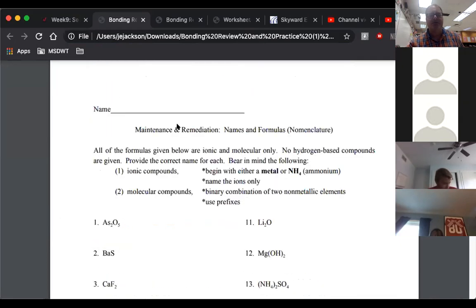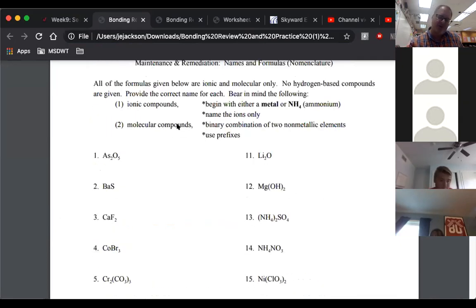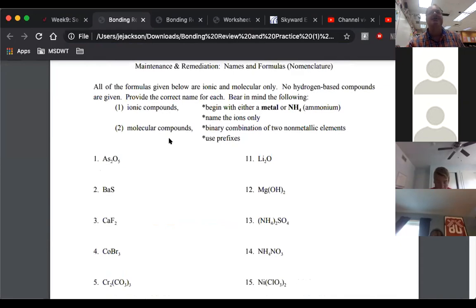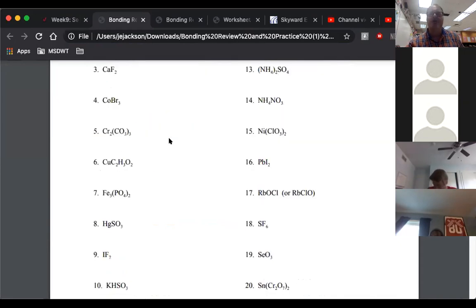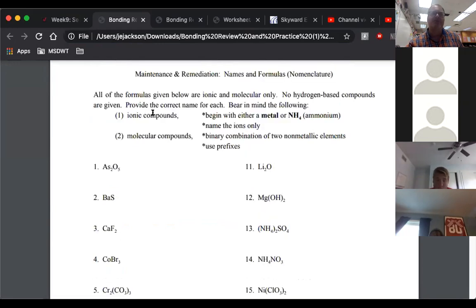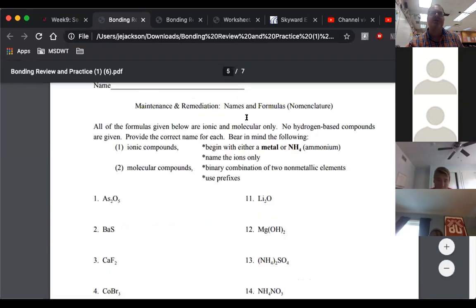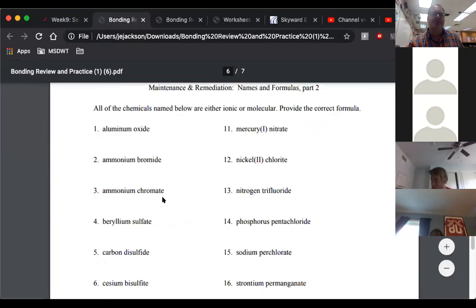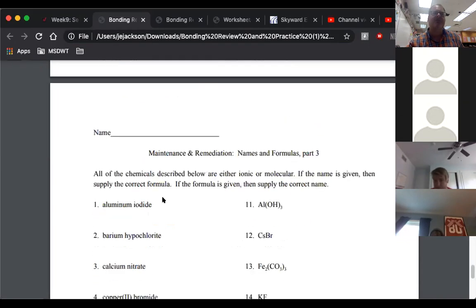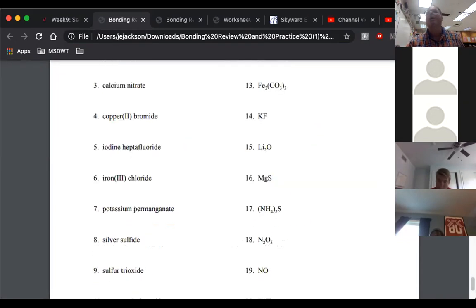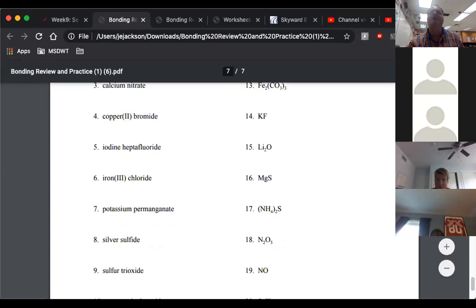If you think you're decent at it and you don't need to review ionic naming very much, I suggest you start with page 5 because this has mixed problems. It says maintenance and remediation. So basically you've got to sit there and figure out what's going on. Let's take a quick look at a few of those.